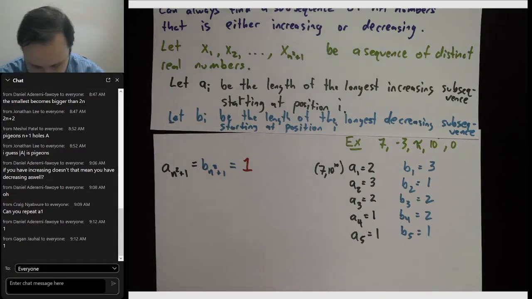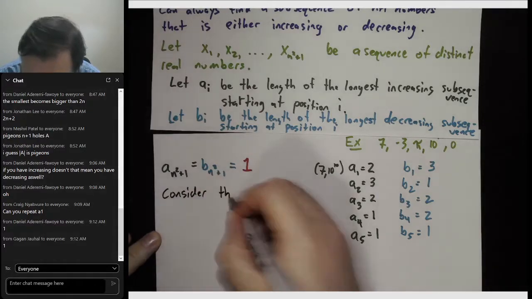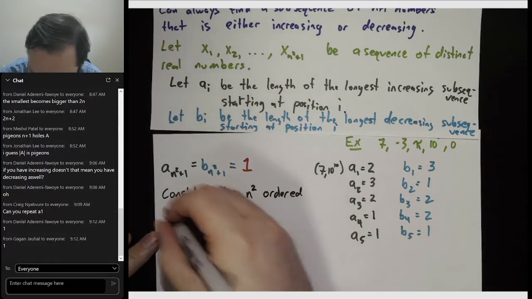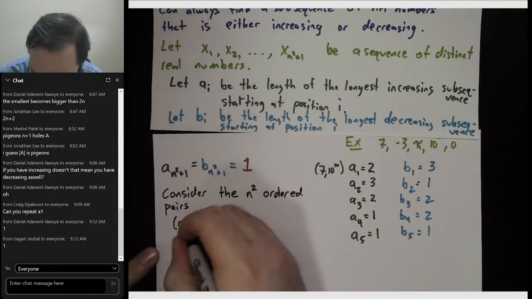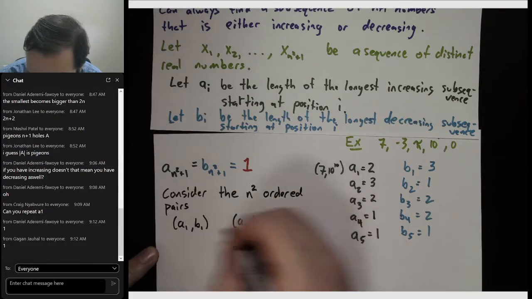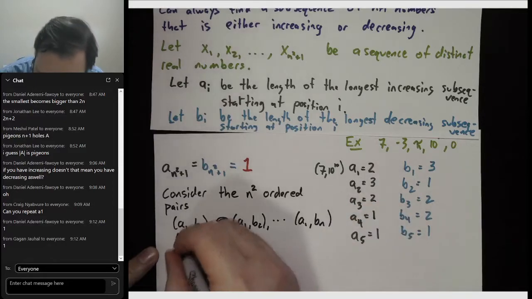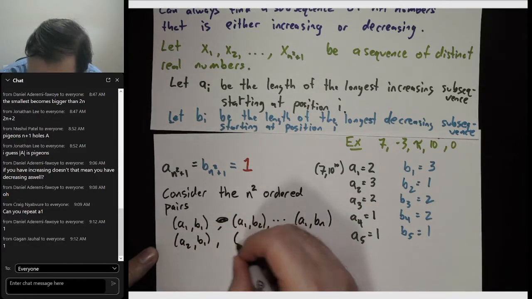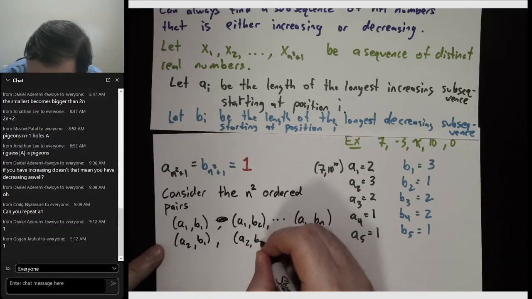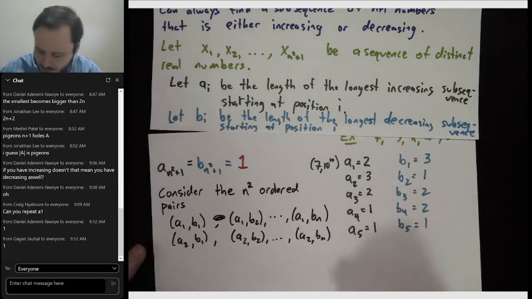Consider the n squared ordered pairs a sub 1, b sub 1, a sub 1, b sub 2, all the way up to a sub 1, b sub n, and then also a sub 2, b sub 1, a sub 2, b sub 2, all the way up to a sub 2, b sub n.